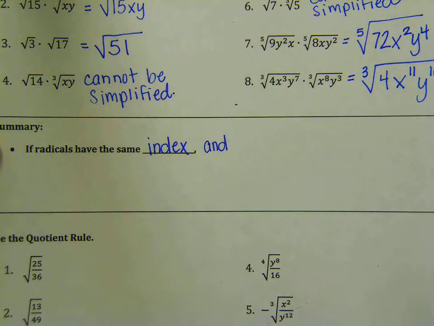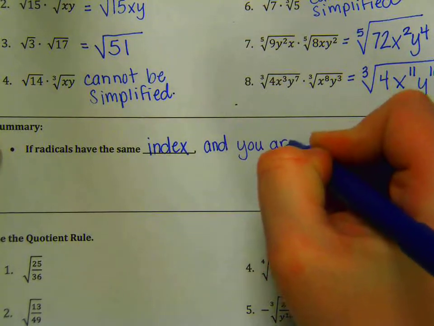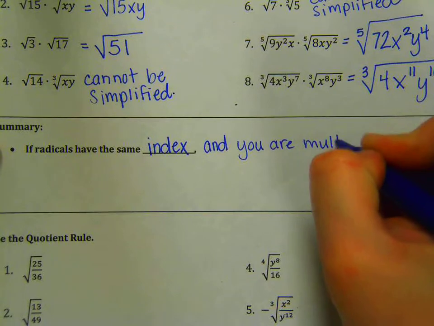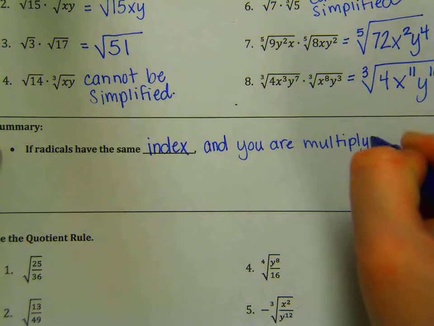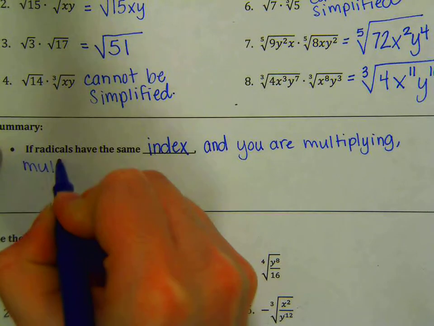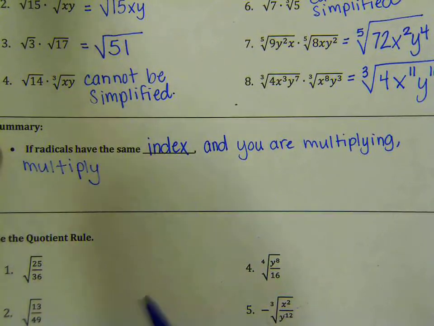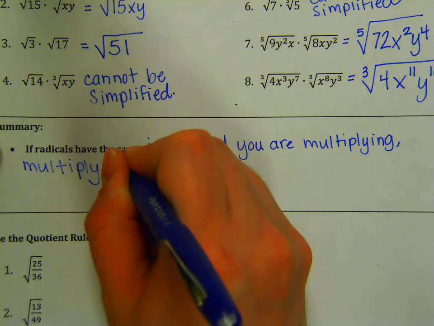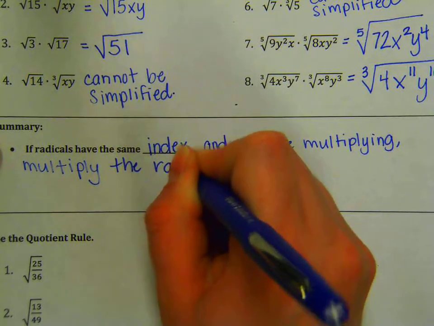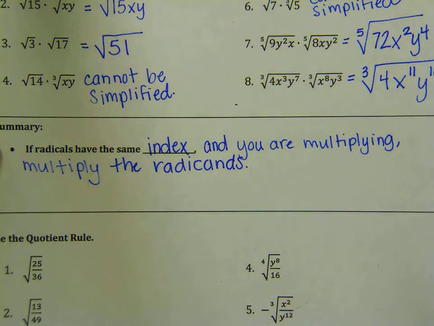And you are multiplying the radicands. So the stuff that's underneath the radical. If they don't have the same index, they can't be simplified.